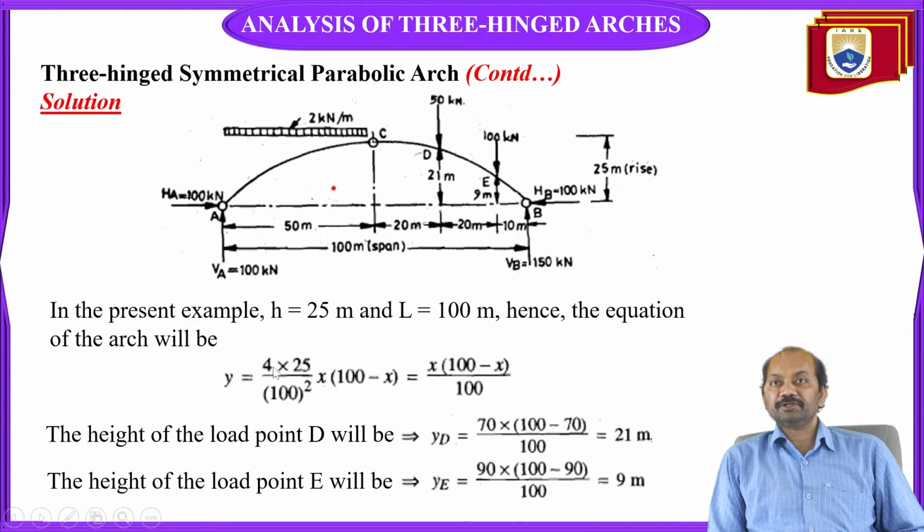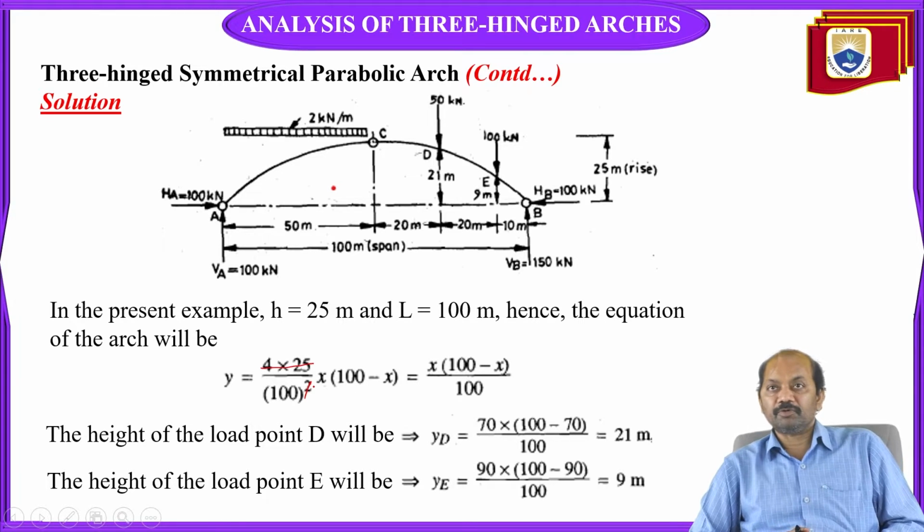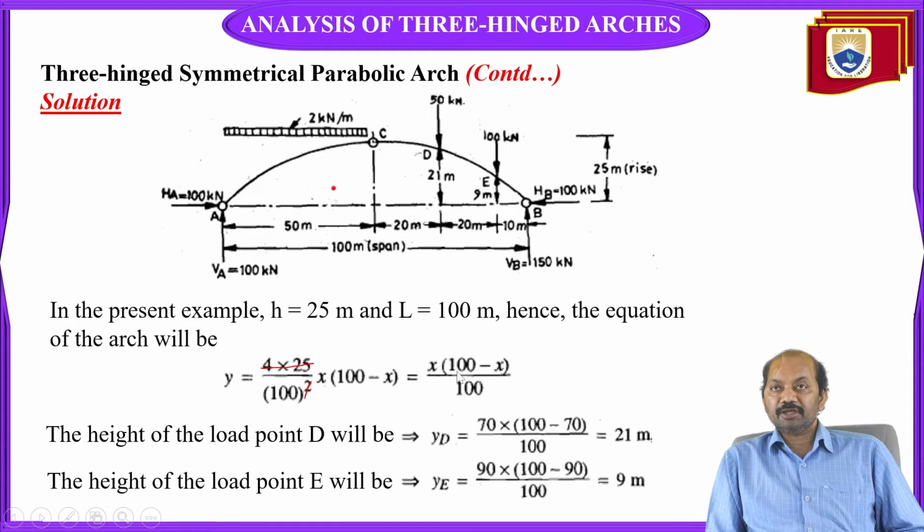So 4 into 25 is 100. Here numerator 100 and denominator 100 cancel. So y is equal to x into 100 minus x by 100.